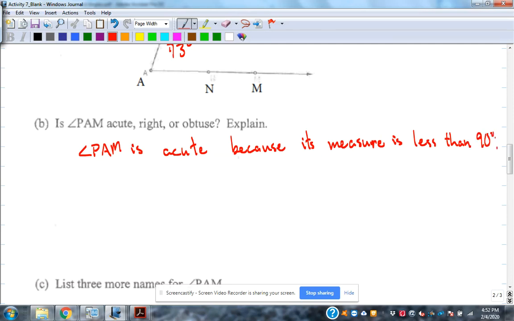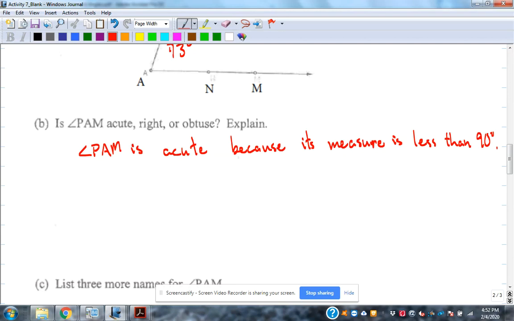We know right angles measure what? Obtuse angles measure greater than 90. So knowing those definitions, important part of geometry. Basically, consider general knowledge at this point, I think, for us anyway.